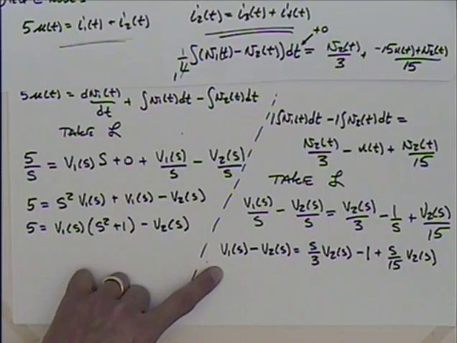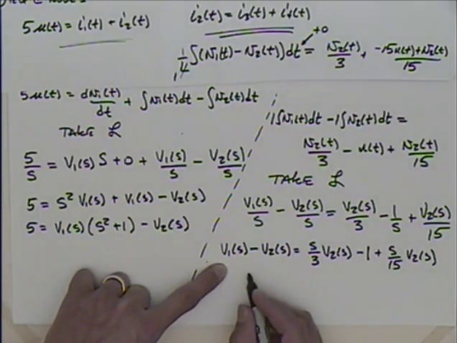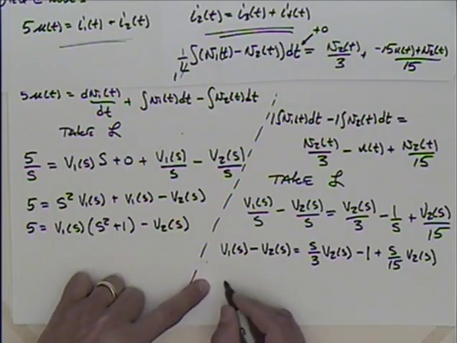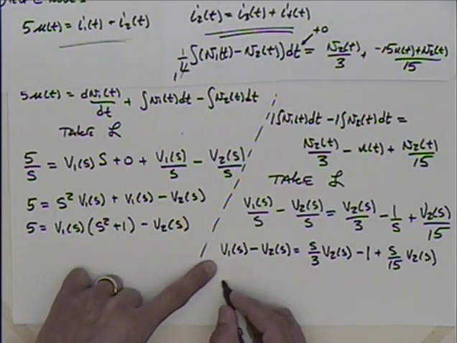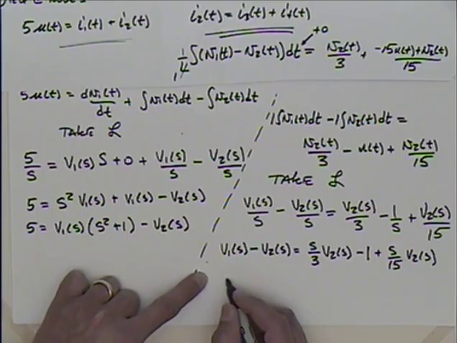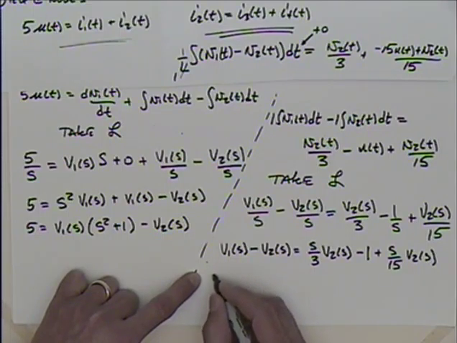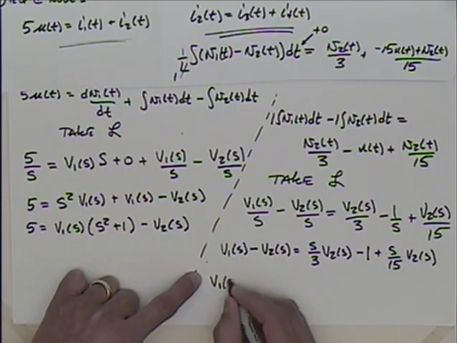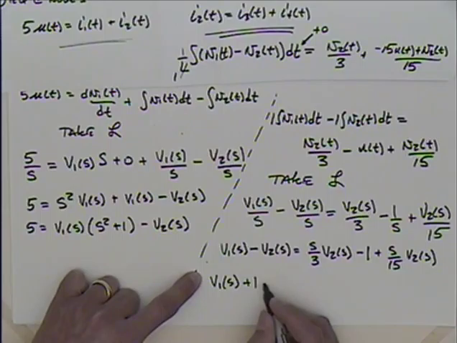So let's say if I get all the V2s on one side, so I put all the V2s on the right, so I have V1 in the s domain plus 1, moving that to the left-hand side, so I've taken care of this, and I've taken care of that.